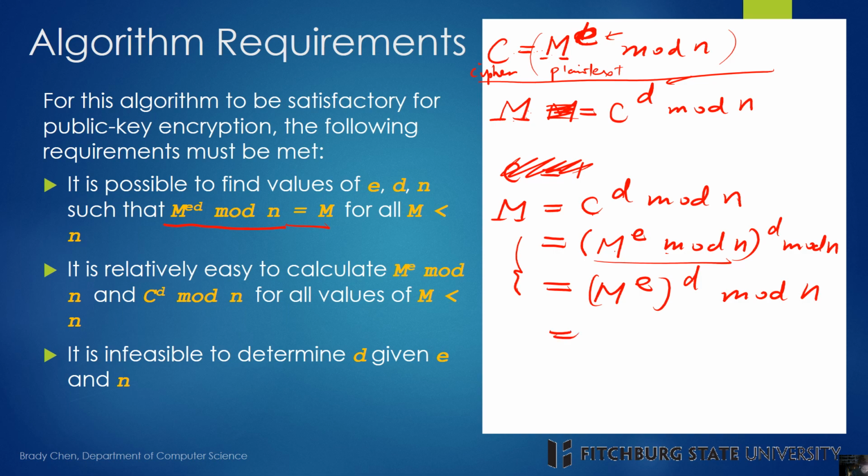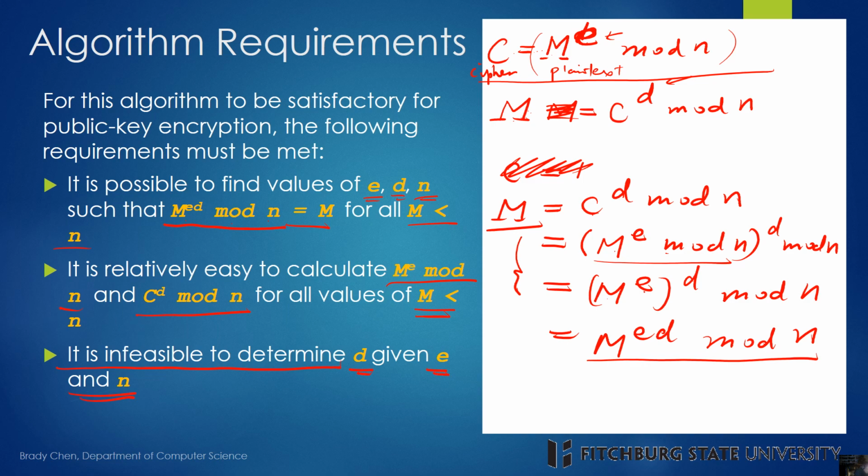So M to the E times D is the same as M to the ED mod N, which means M to the ED mod N equals M for all M. Now, we will find that it's relatively easy to calculate M to the E mod N and C to the D mod N for all values M. However, we should choose N, E and D so that it's infeasible to determine D given E and N.